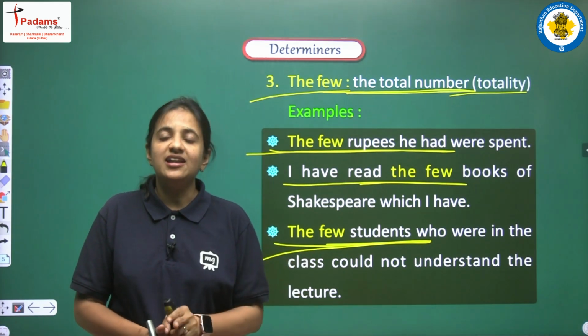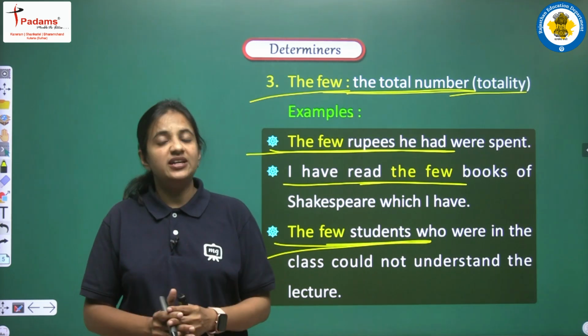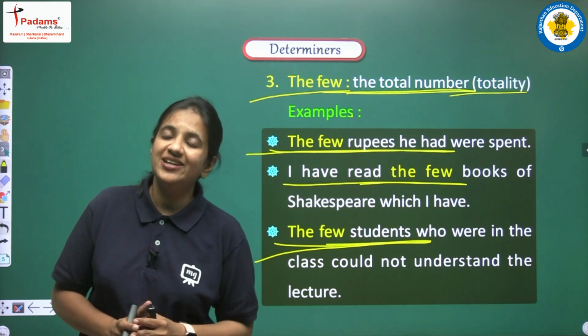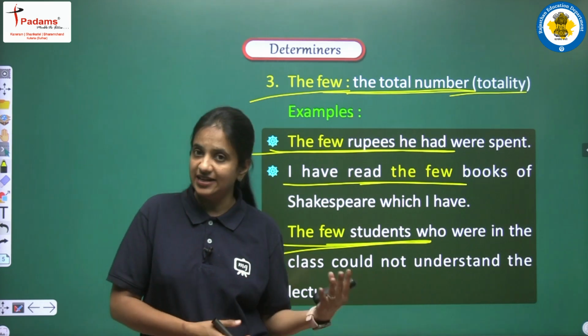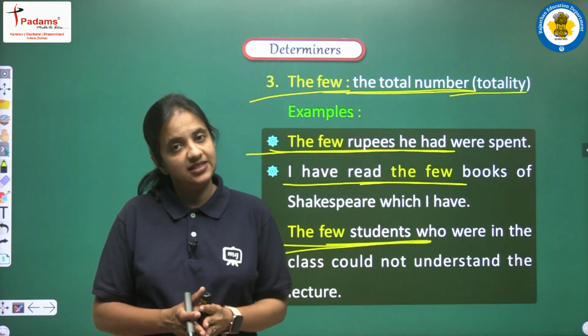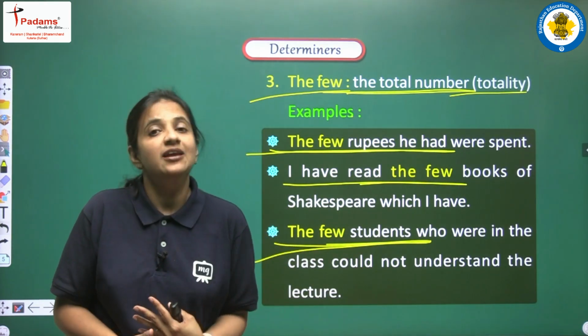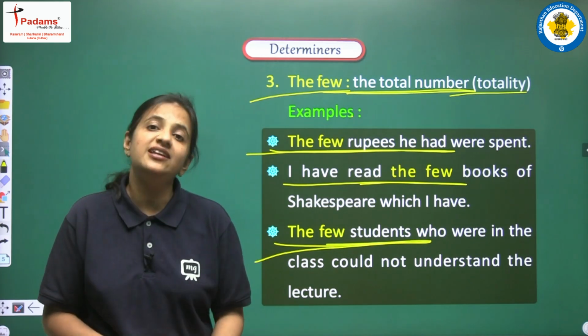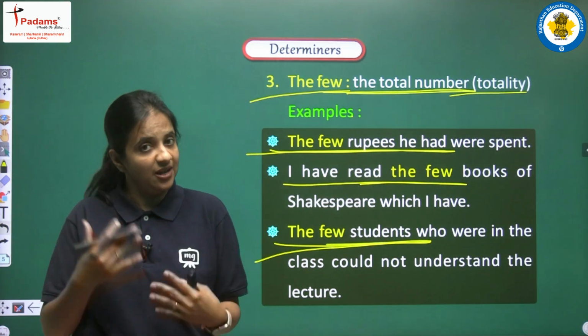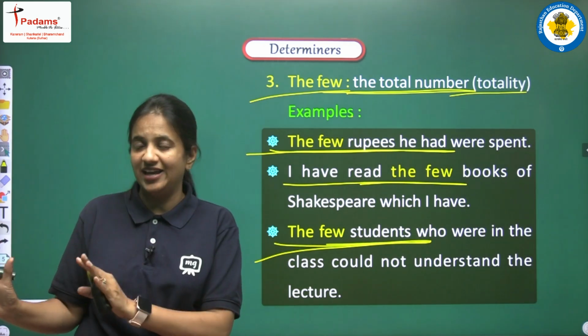Clear? Second, we are having a few. So a few, it is a positive word and it gives a positive sense to the sentence, to the noun. And yes, still जो number है वो कम है, but we can say that it is in the positive sense. कम है but still कुछ ना कुछ तो है, right?